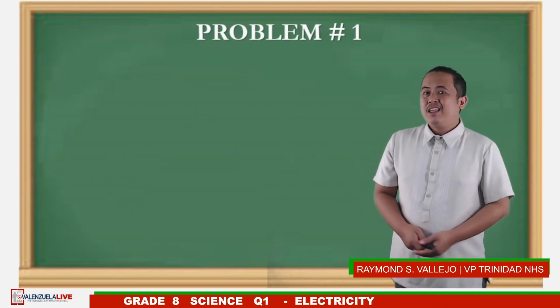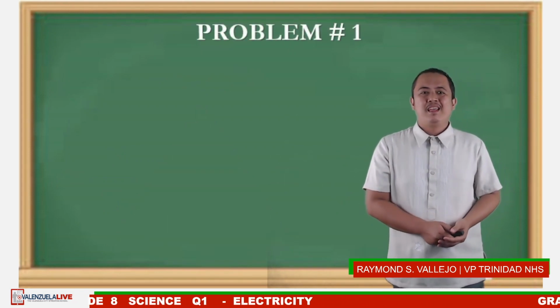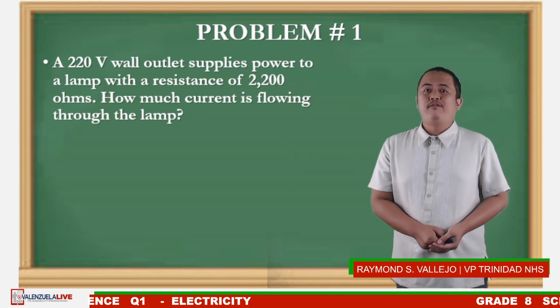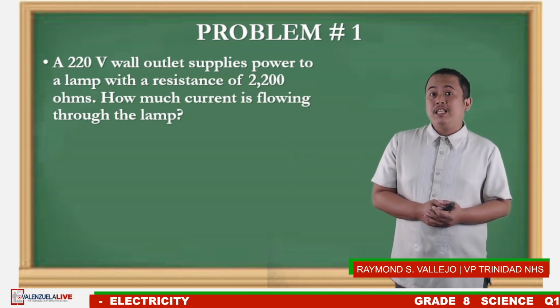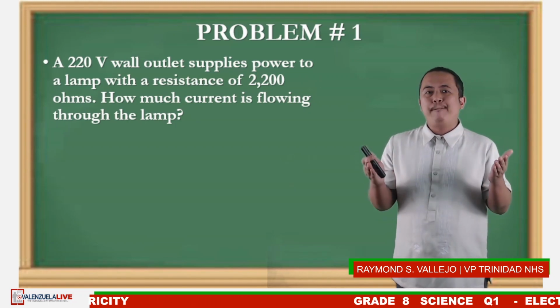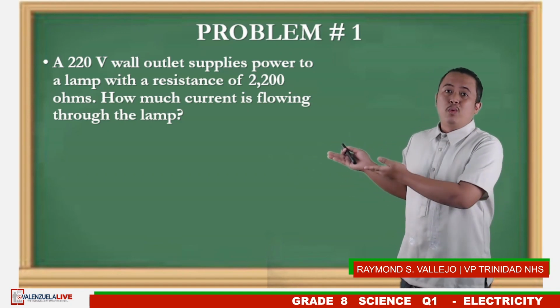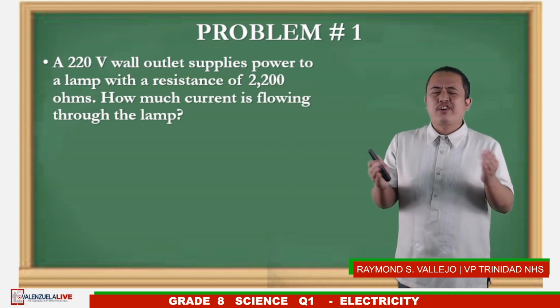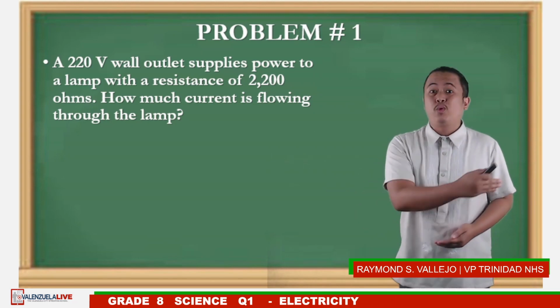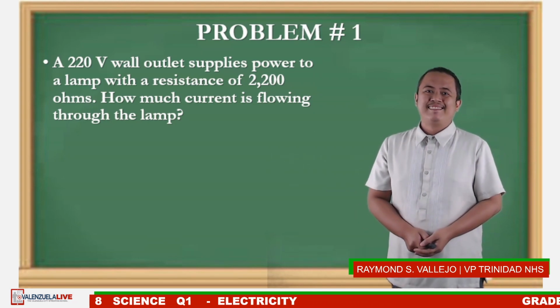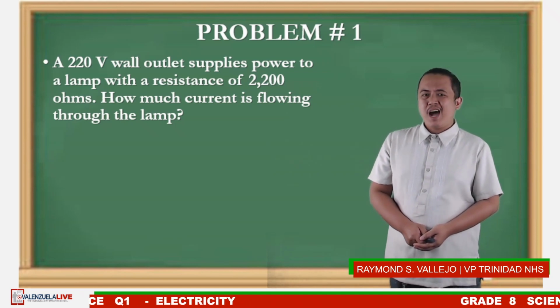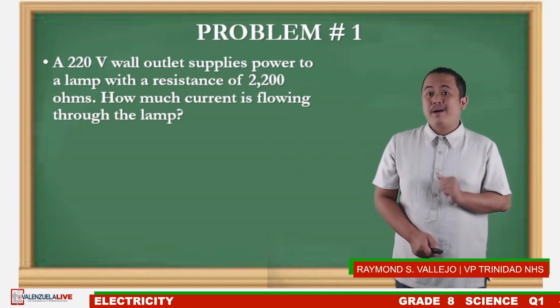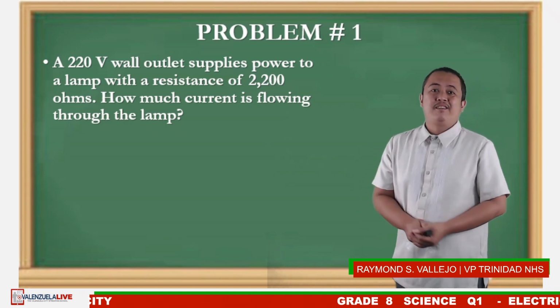Here is the first problem. A 220 volt wall outlet supplies power to a lamp with a resistance of 2,200 ohms. How much current is flowing through the lamp? Now, let's analyze this problem by listing the quantities first.